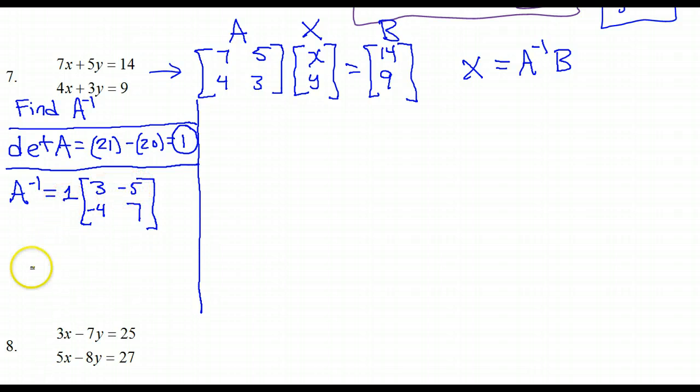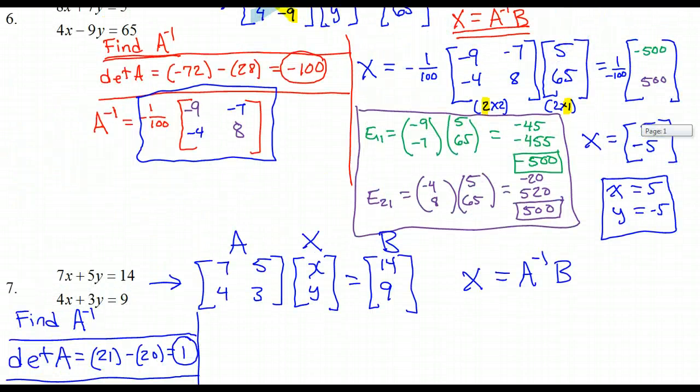Okay, now on the previous problem I had a big ugly fraction with 1 over -100. So I didn't multiply because I was going to make a bunch of ugly fractions. It was easier to divide at the end and just divide 2 numbers at the end.